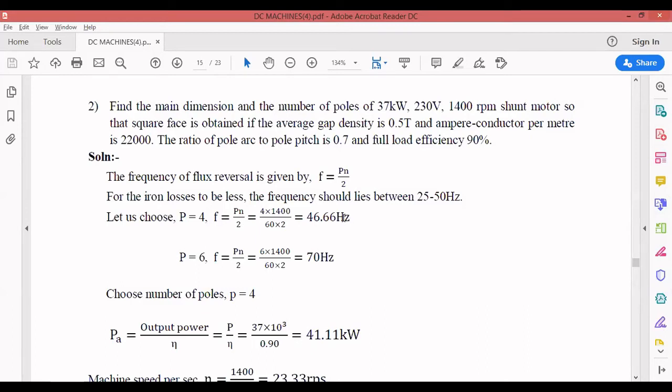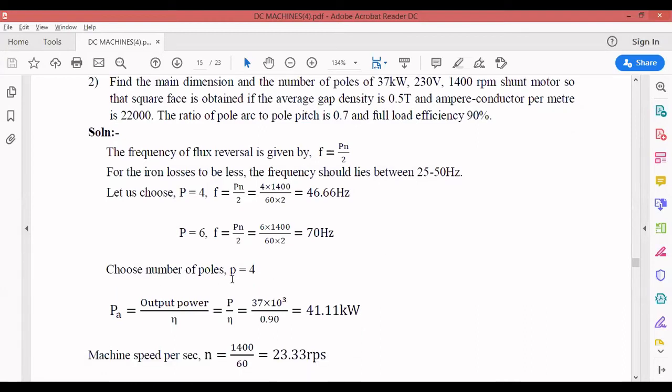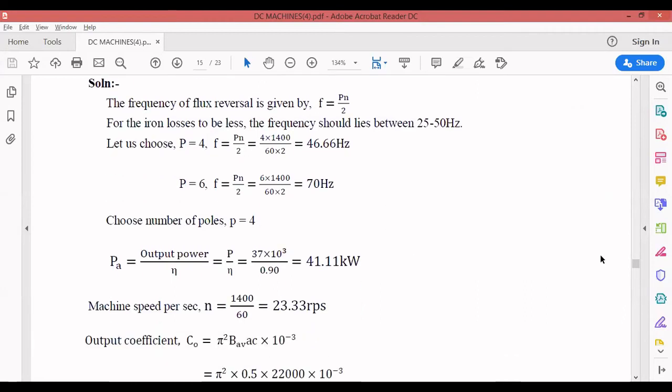If I select this frequency, the frequency of flux will be less, and definitely the iron loss, or constant loss, in your armature will be less. So we choose the number of poles P is equal to 4.